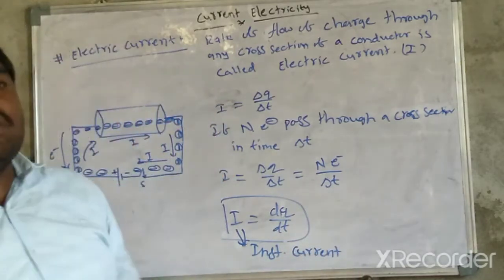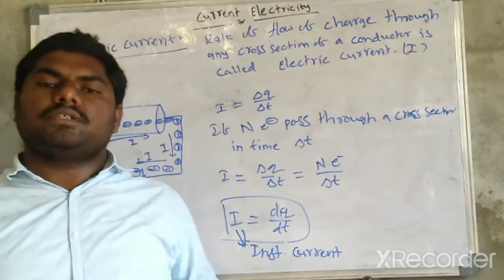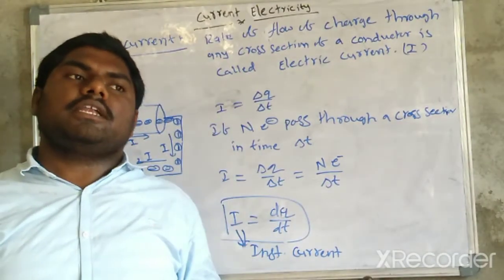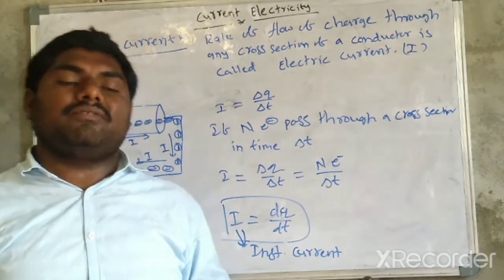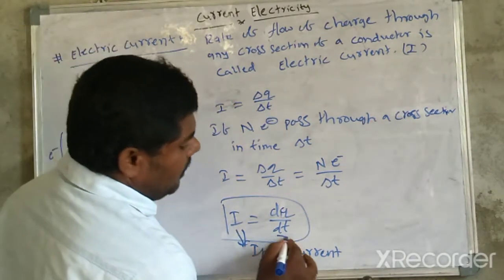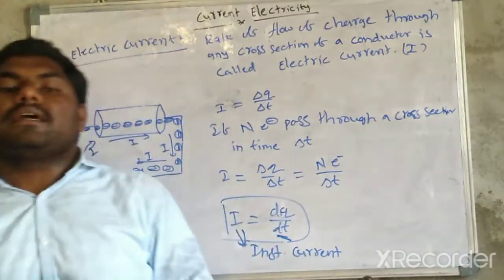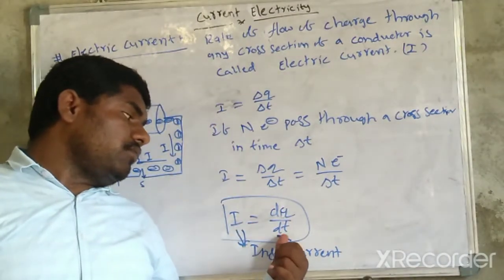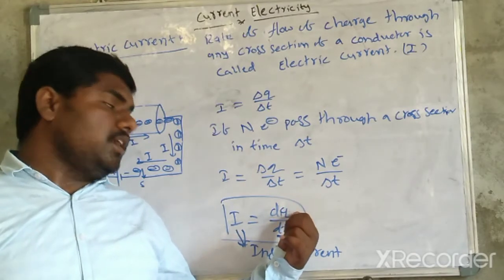What is meant by instantaneous current? Already we know from 11th standard, motion in a straight line, instantaneous velocity and instantaneous acceleration. Similarly, instantaneous current is the current at a particular small interval of time delta t, the charge flow passing through a cross sectional area.